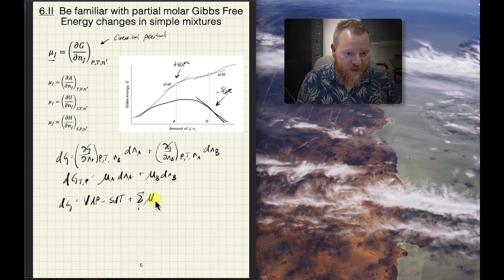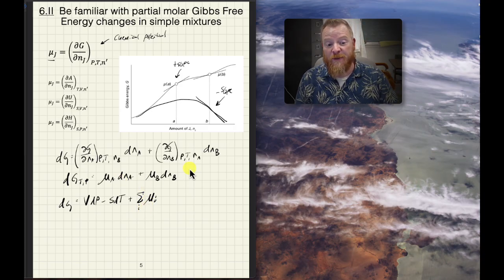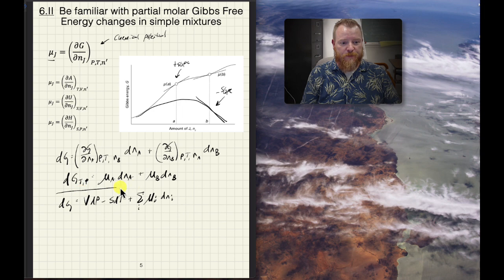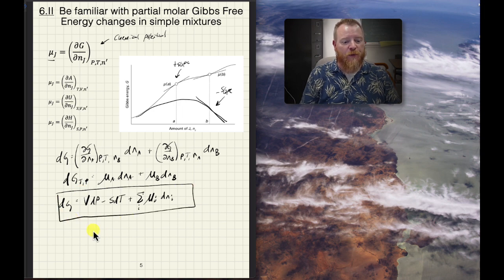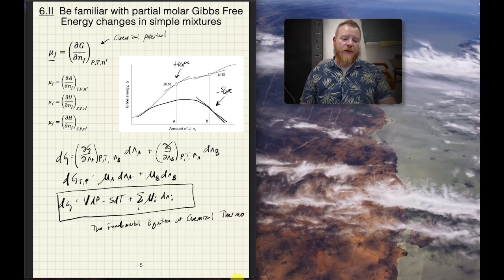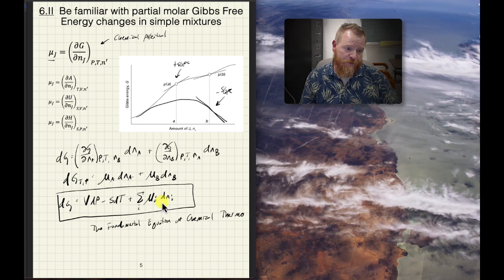That sum is to indicate if we had a number of species like A, B, or even C, D, etc. So now we have modified our fundamental equation of thermodynamics, and this is what we refer to as the fundamental equation of chemical thermodynamics, all just from that change in number of moles.